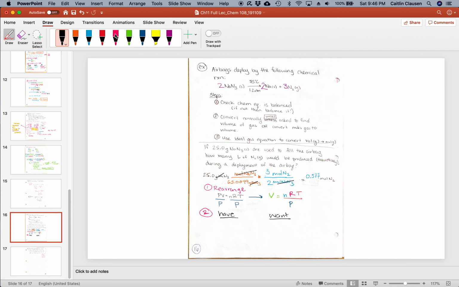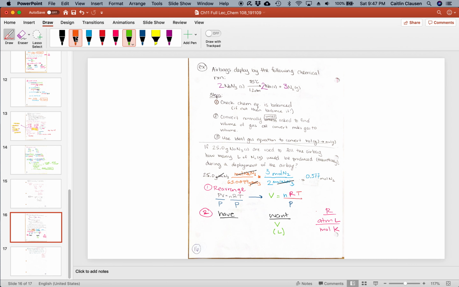Does what we have match up with R? We know R is atmospheric liters per mole Kelvin. We want to know what the volume of the nitrogen gas is in liters.